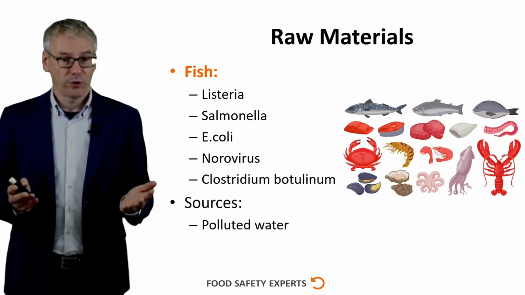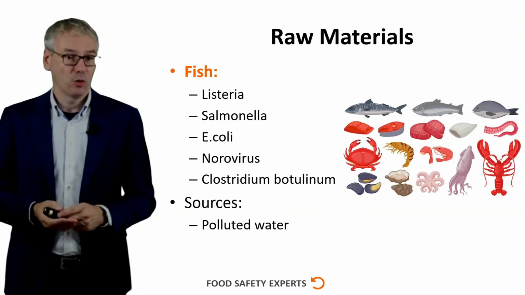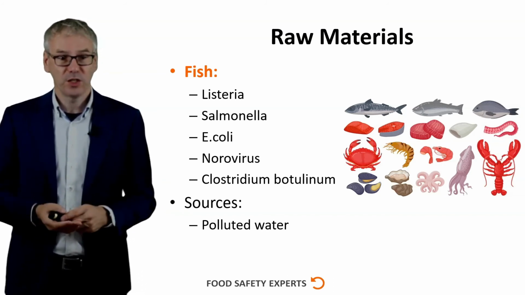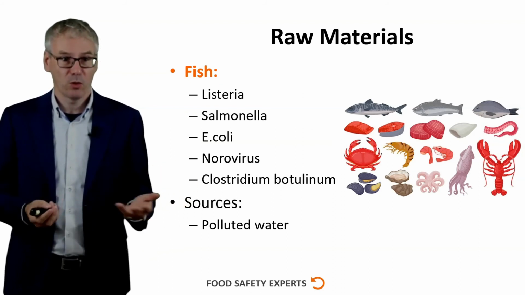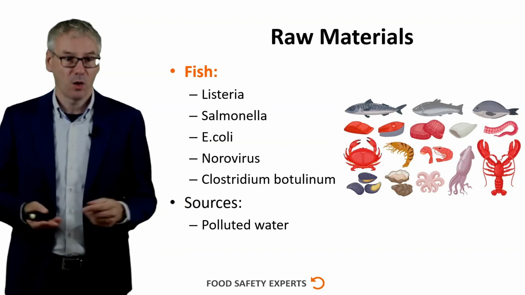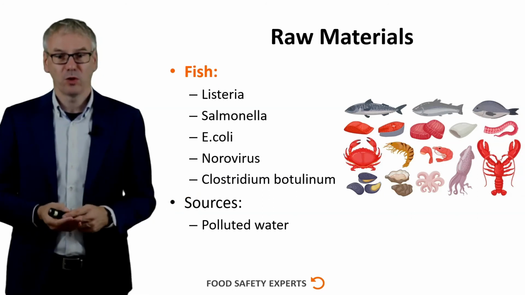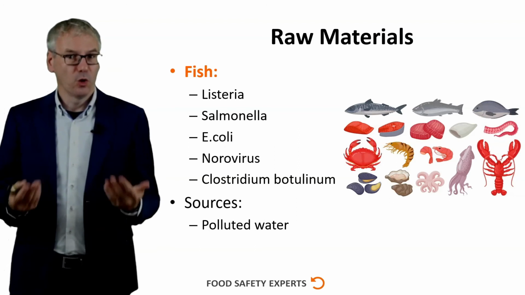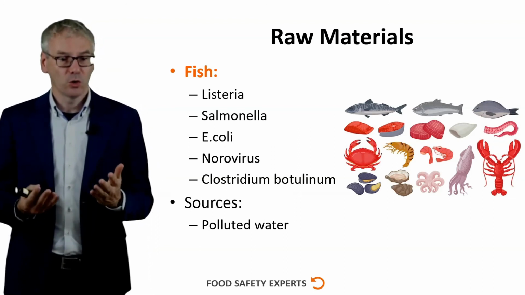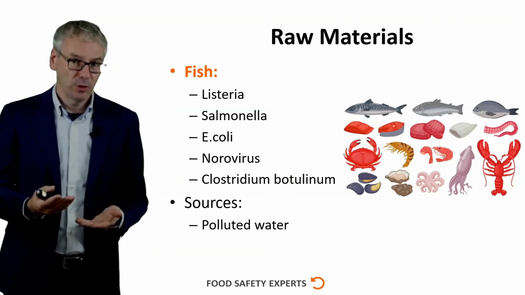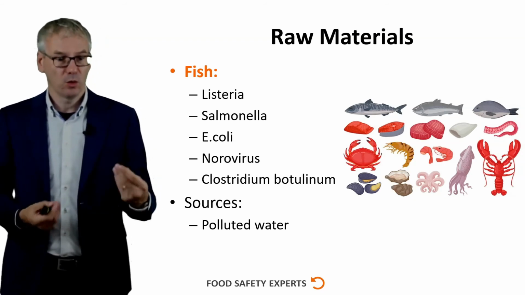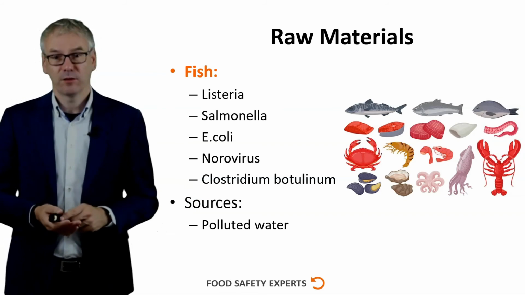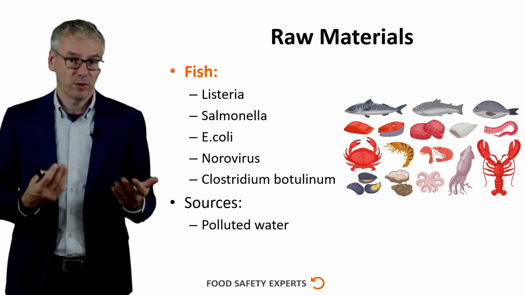Not all the water in our rivers and oceans is totally clean. It certainly contains human and other feces or fecal products, so therefore listeria, salmonella, E. coli and Clostridium botulinum might be there. The same holds true for the norovirus, because it enters living organisms through a fecal oral route. So if fish eat poo, that's where they potentially get infected with the norovirus.